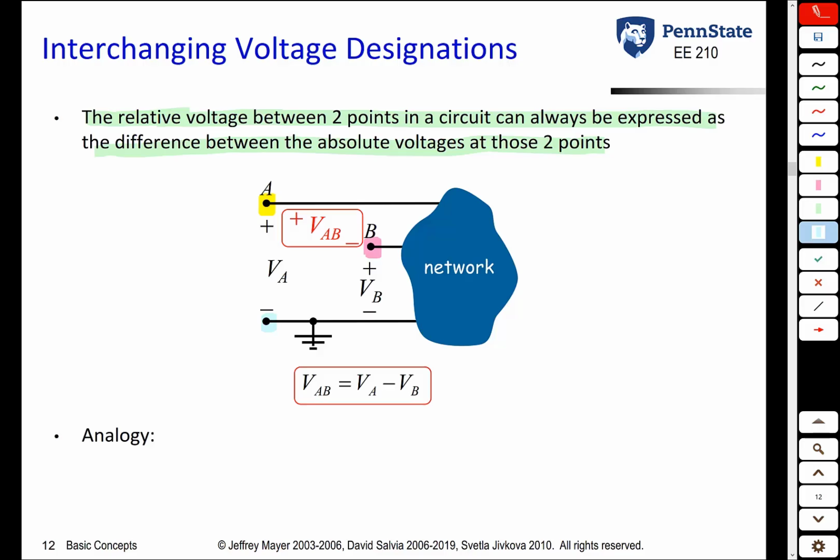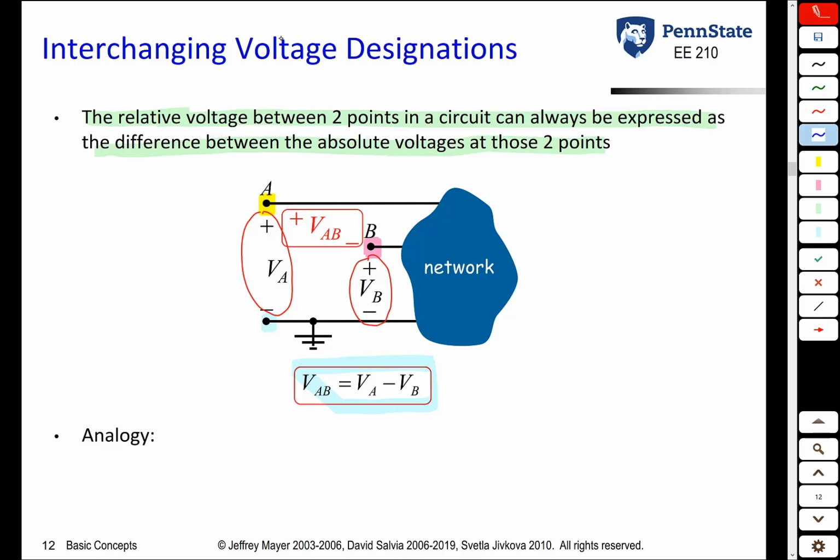In other words, that is the relative voltage between point A and ground. That's given right there. Likewise, VB is the absolute voltage at point B with respect to ground. Also, you can think of it as a relative voltage between B and ground. Anyway, the relative voltage between points A and B is just the difference between the two absolute voltages.